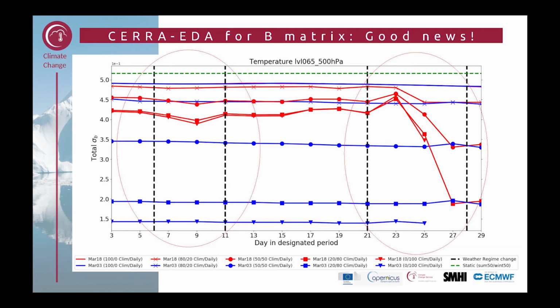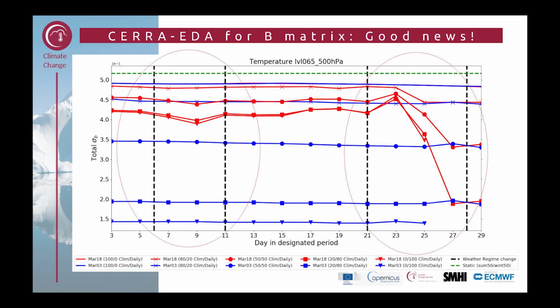You can see that the solid lines, for example, are 100-0, which means it was weighted 100% on the climatological matrix and 0 on the online EDA. Then you've got 80-20 with the crosses, 50-50 with the dots, 20-80 with the squares, and then the little triangles are 100% weighting on the online EDA and nothing from the climatological part.